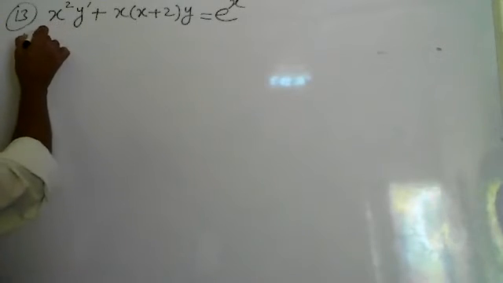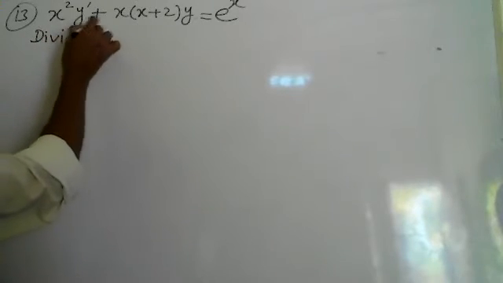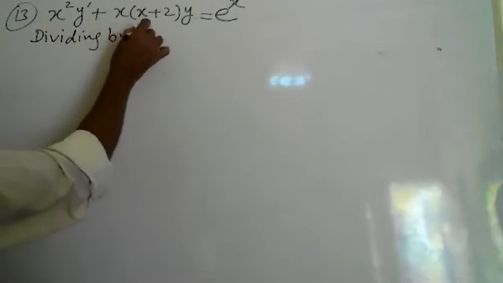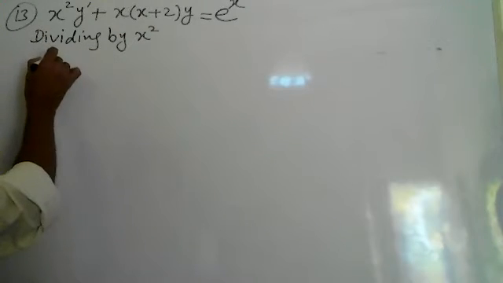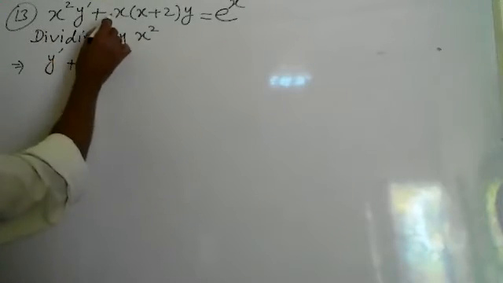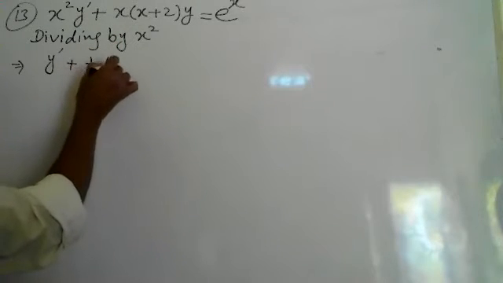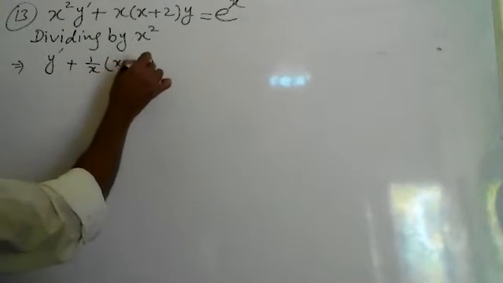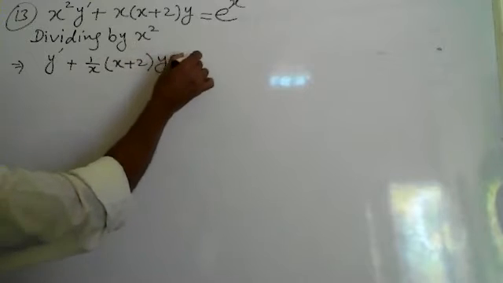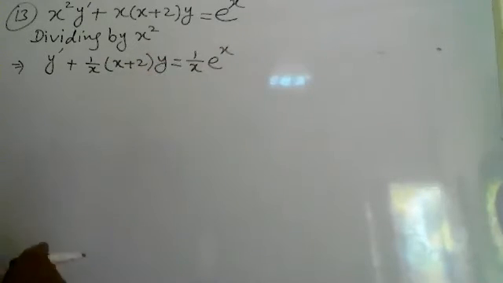So dividing by x square, y dash stays, and the right side becomes divided by x square. So 1 over x into x plus 2 into y is equal to 1 over x e raised to power x.